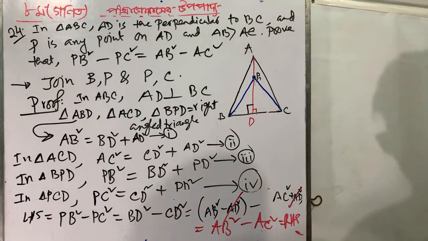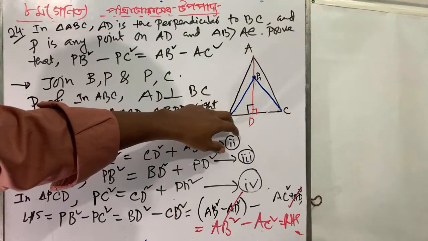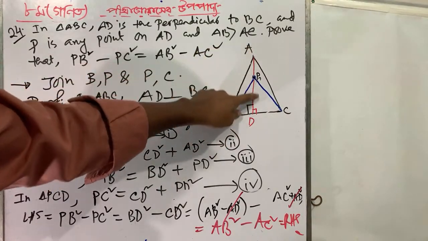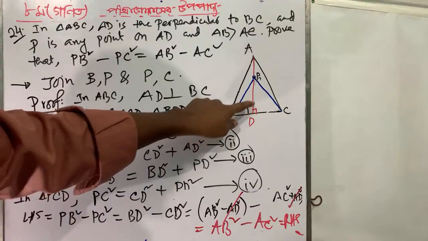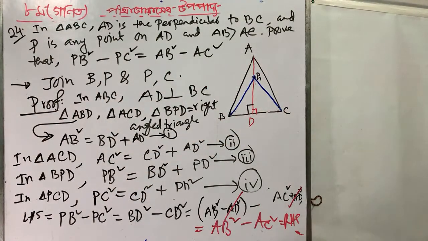What do you think? Was that a tough one or easy one? It's very easy because first we took these four right angle triangles. We took A, D, B, and then we took A, C, D, and I used Pythagorean theorem.